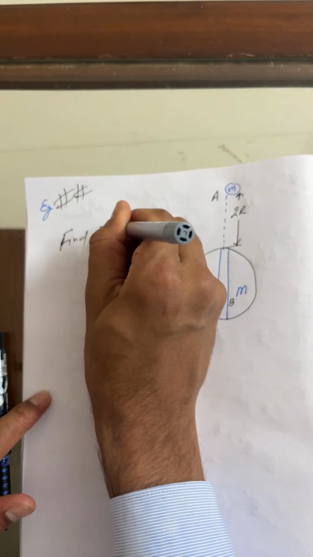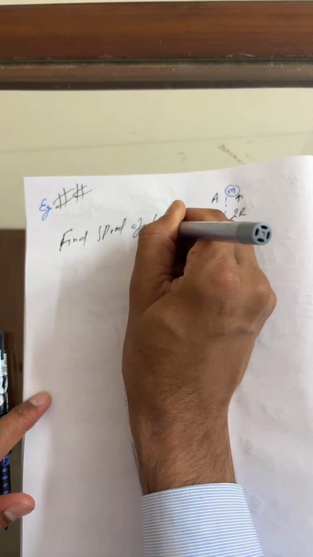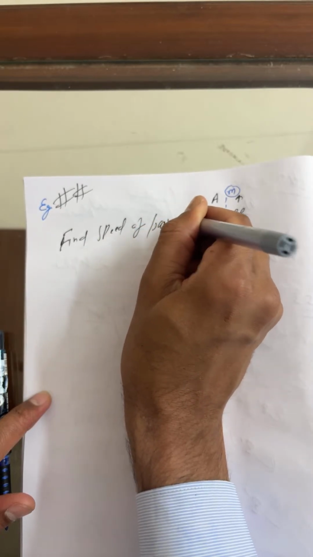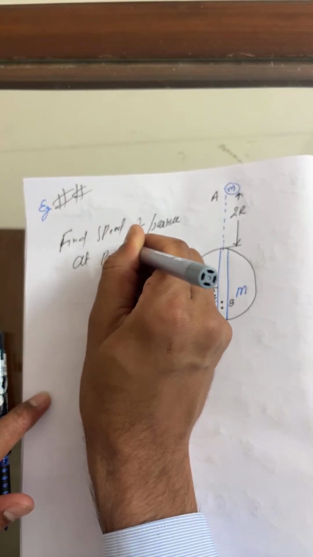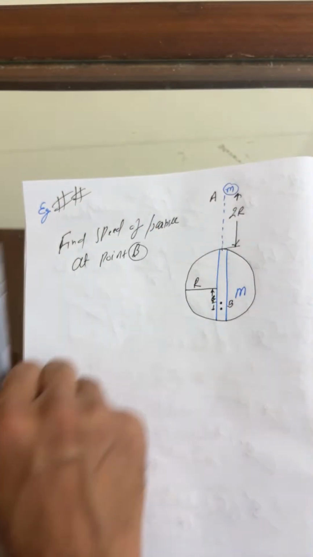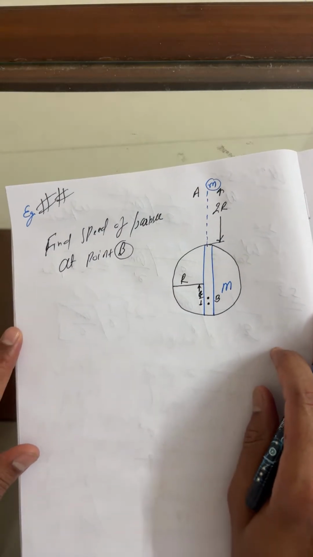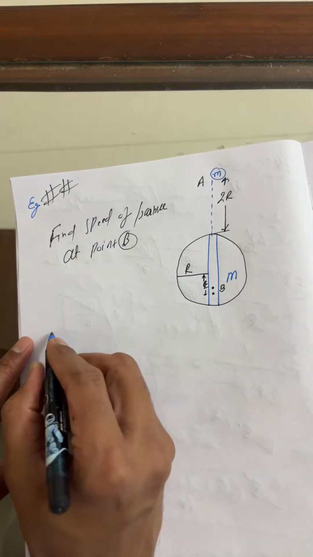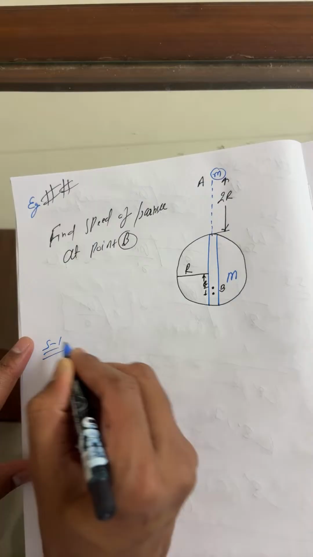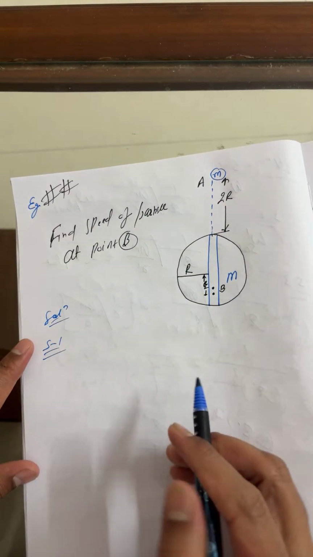Find the speed of the particle at point B. Now I'm going to write everything, slowly, because it's a good question.